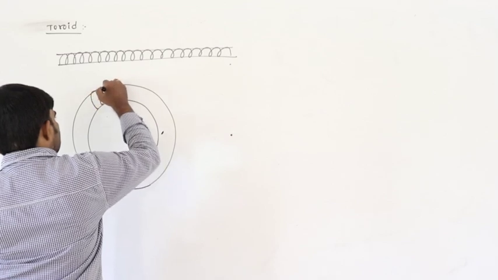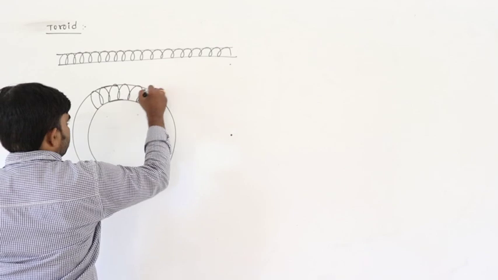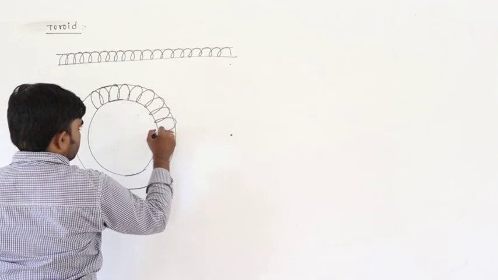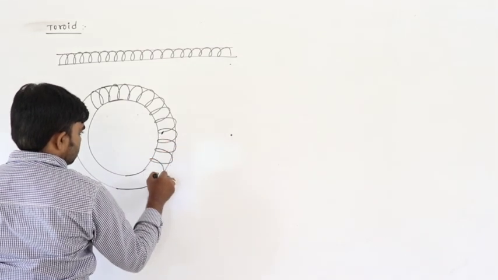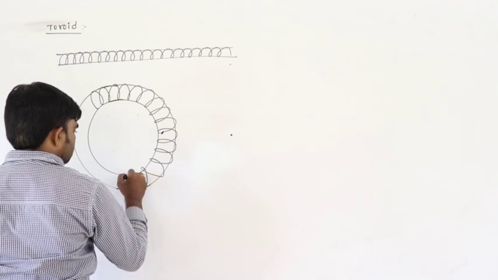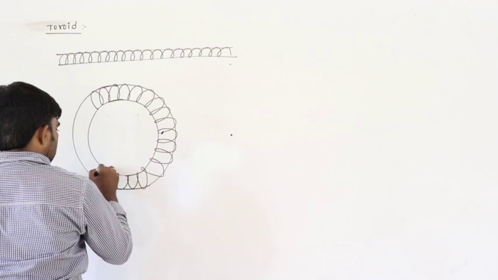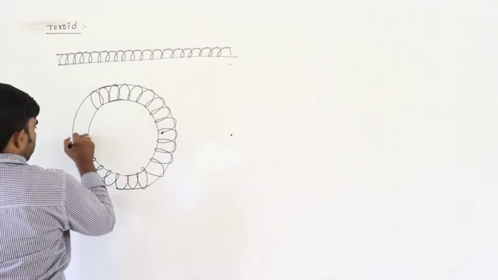So let us say this is the toroid. A solenoid of finite length bent in the form of a circle acts as a toroid.